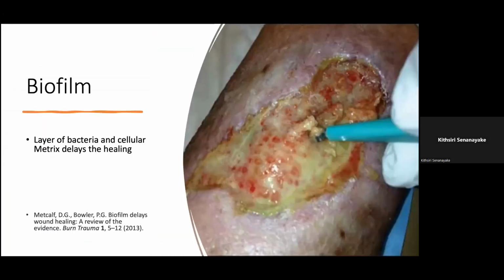Dr. Thushan also spoke about biofilm. There is lots of research about biofilm, which delays healing. There are various methods to remove it, and there's no clear understanding yet in science, so a lot of research is going on. So just remember the biofilm and its importance.